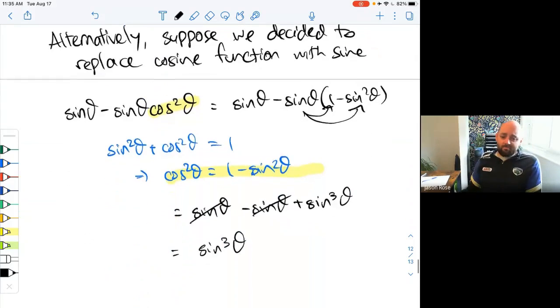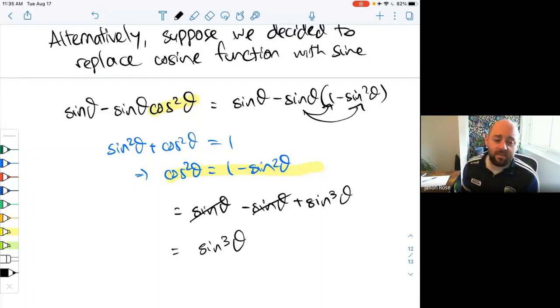But somebody might look at this and say, I see two different trig functions in there, but I know that there's a formula between sine and cosine. So I can replace the sine with a cosine, or I can replace the cosine with a sine. I'm going to get all sines in there. And then that to me feels more simplified, because instead of having two trig functions, I have one.